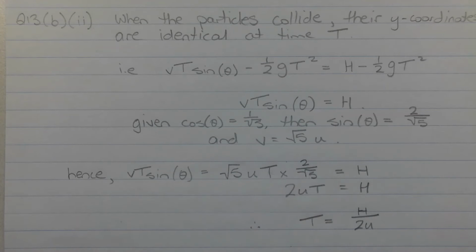So on the left hand side, we're left with 2 times u times capital T is equal to capital H. Dividing both sides of the equation by 2u, we get capital T is equal to capital H over 2u as required.